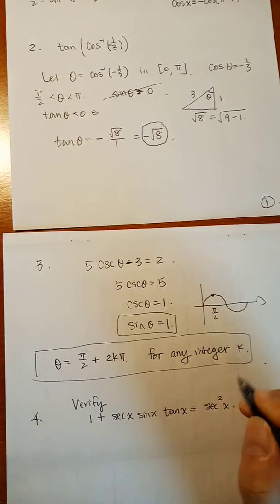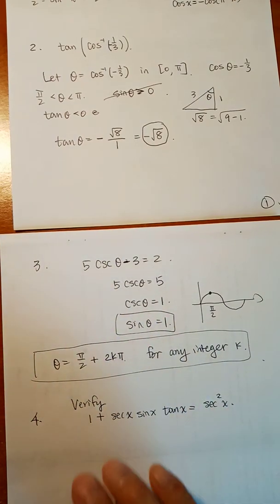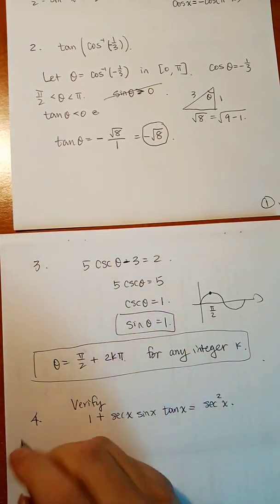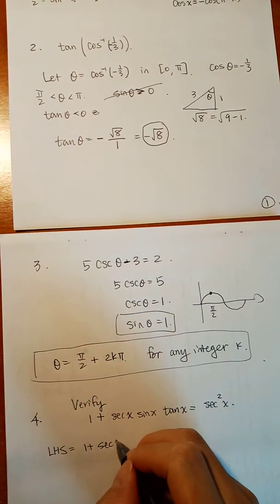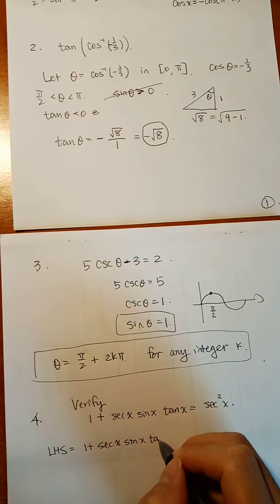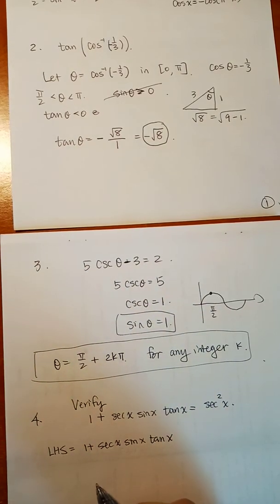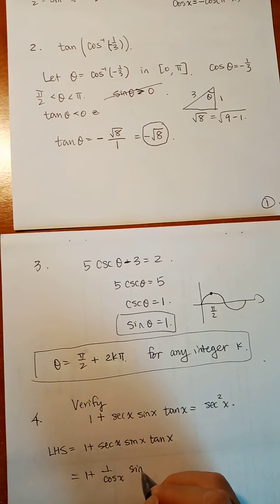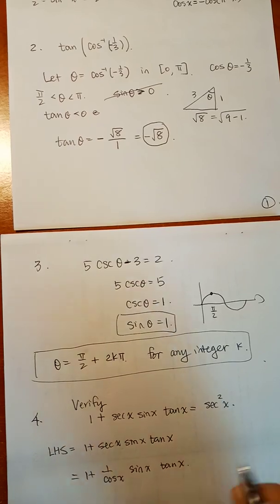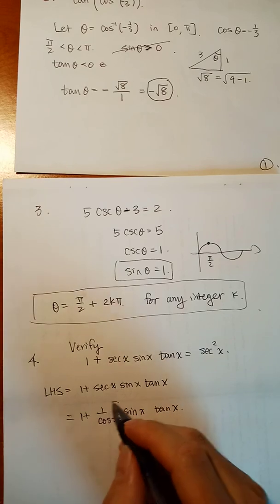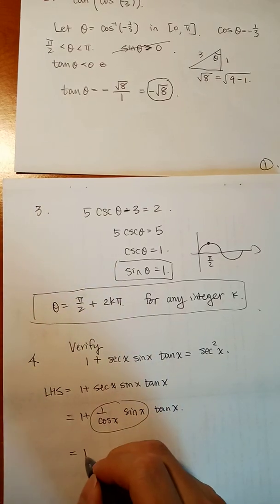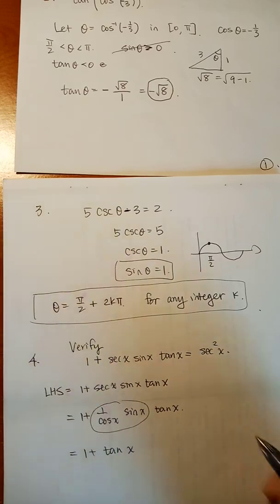Secant is 1 over cosine. So we have 1 over cosine, and sine times 1 over cosine is exactly the tangent. And times tangent x is tangent x squared.